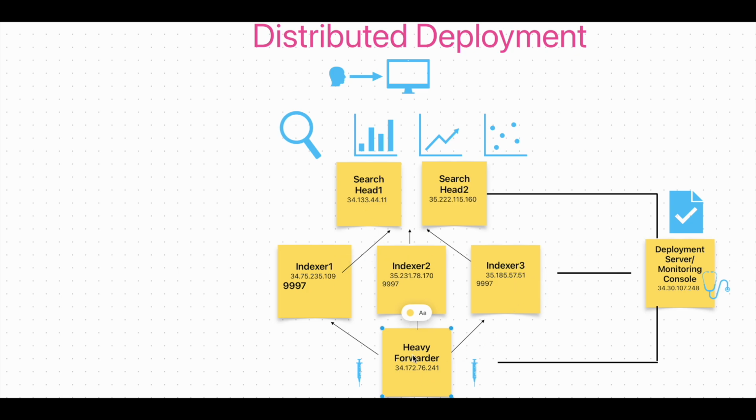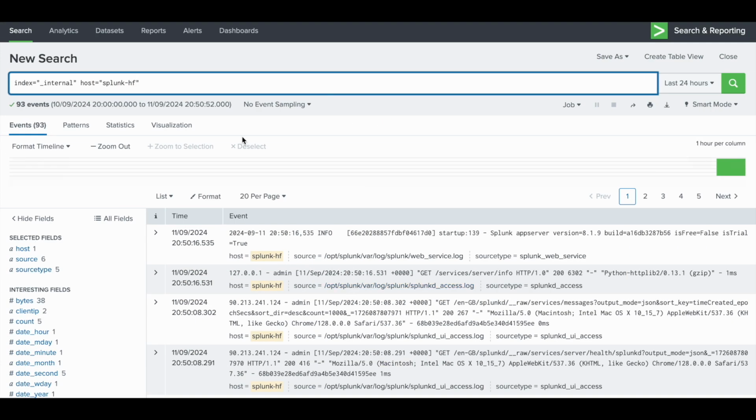Now, how to test whether the inputs are coming or not. If I need to ingest data, or define any input on the heavy forwarder, will it index data or not? So let's see.